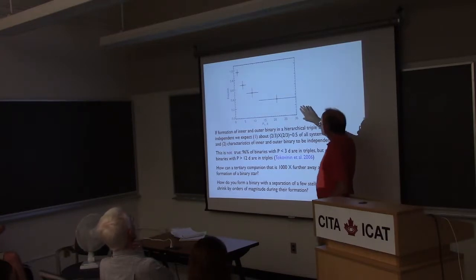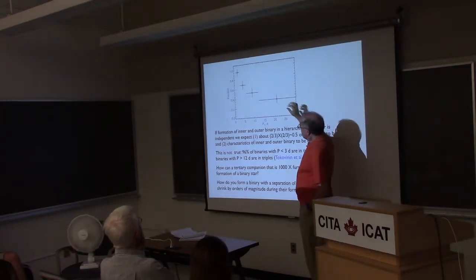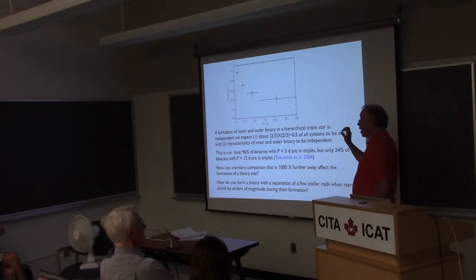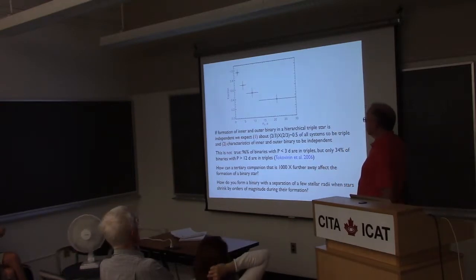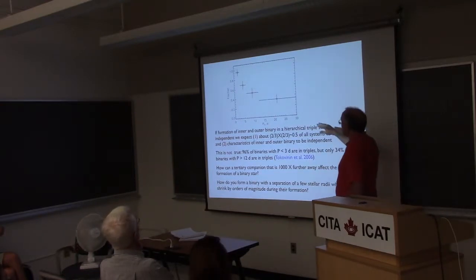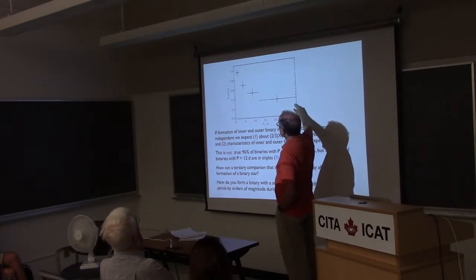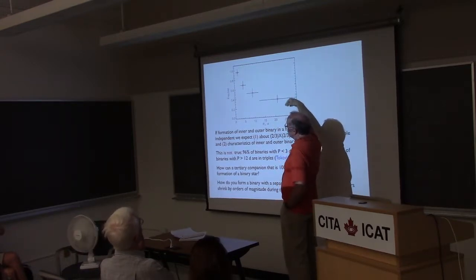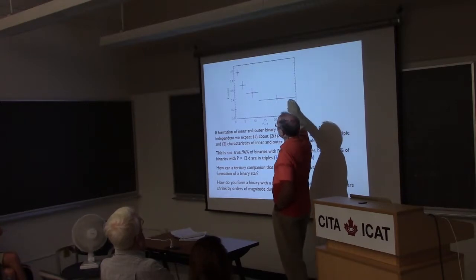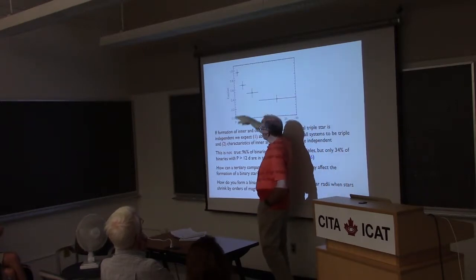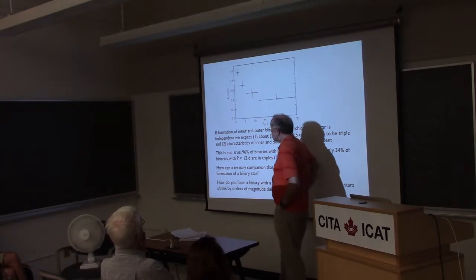This is the fraction of close binary systems that have an outer third body. And you can see that the fraction of binaries with periods of 20 days or longer is about 30–40%, but it rises to essentially unity at periods less than a few days.